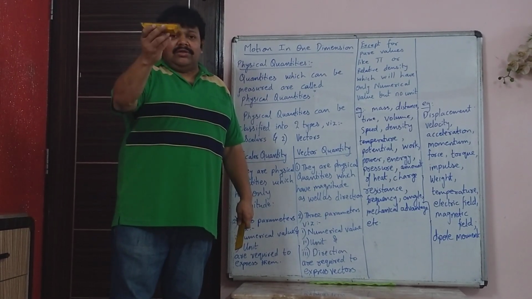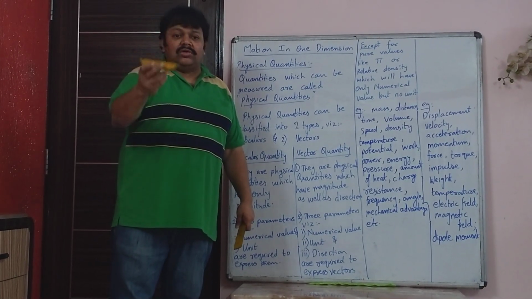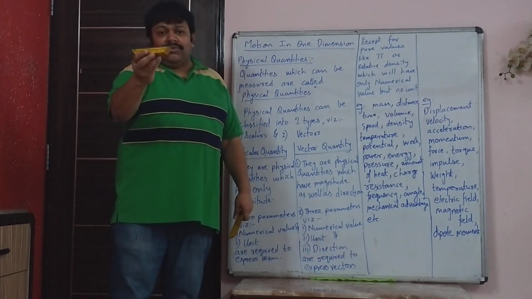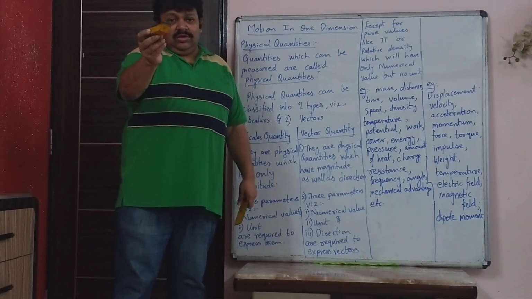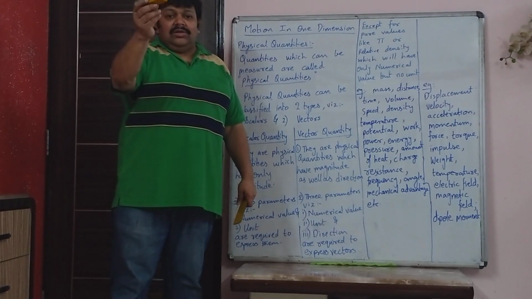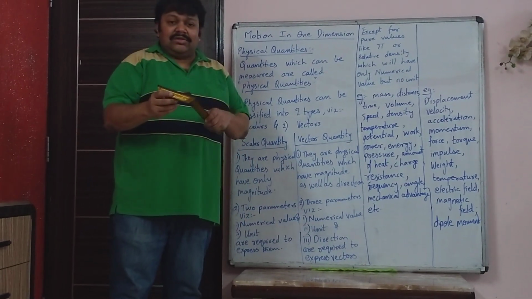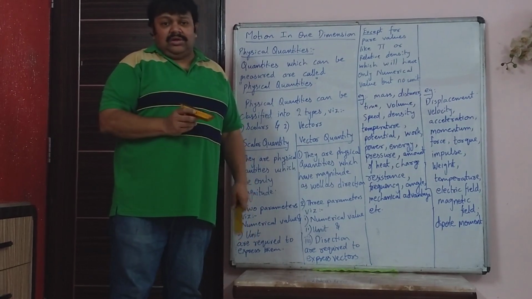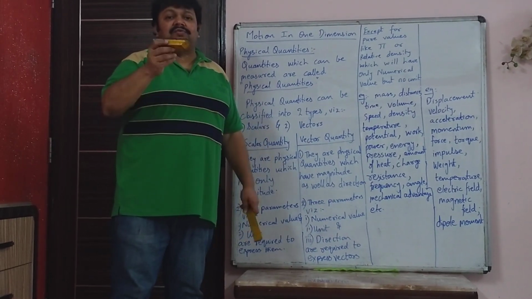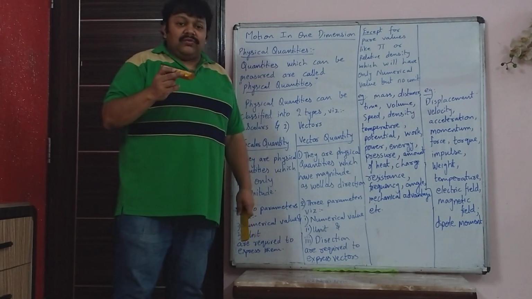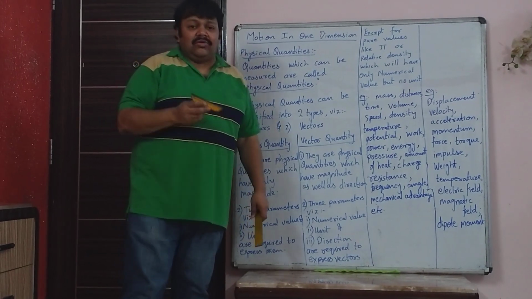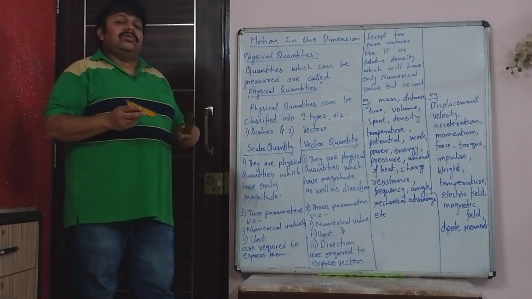I don't say that the mass is 50 gram north or south or east or west. I won't give a direction to this. I will just say that the mass of this duster is 50 gram. So it has just two things signifying it, 50 and gram. Now 50 is the magnitude or value, and gram is the unit.